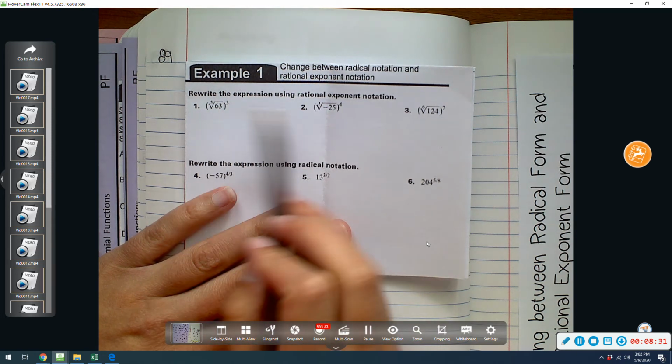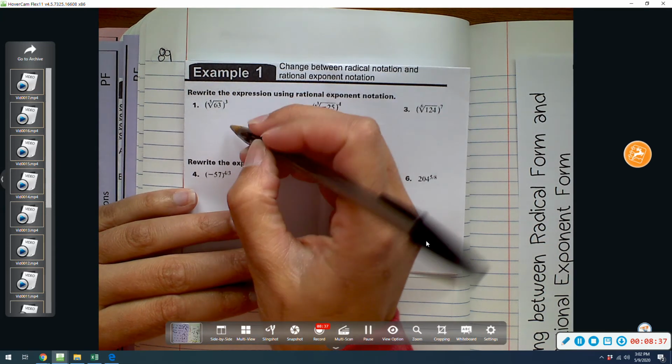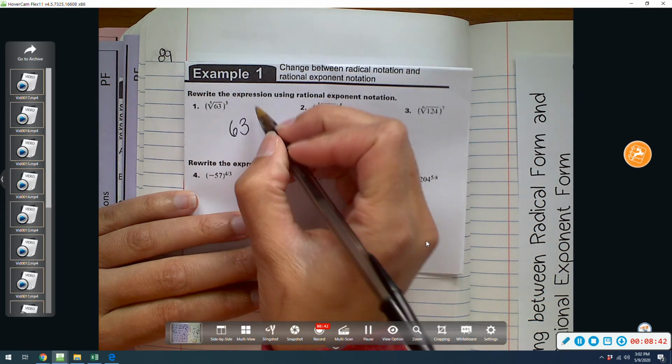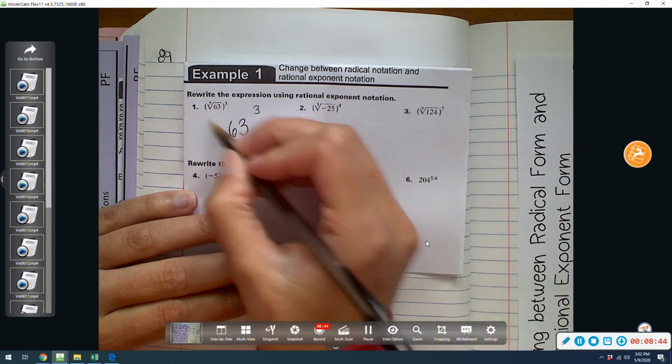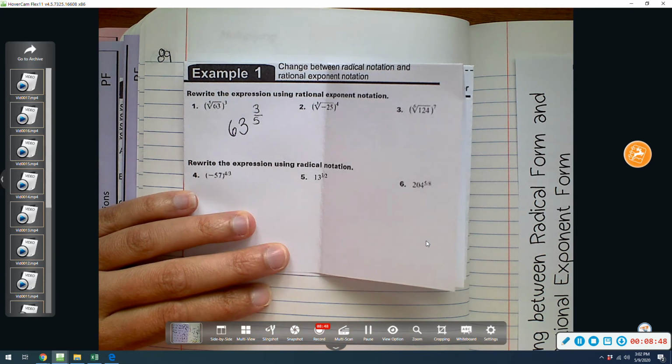If they all have roots, I'm going to rewrite them as exponents instead. The number under is 63, my base number. The 3 is its exponent. 5 is the index, so it goes under. So we're just rewriting it, taking a root, making it a fractional exponent.